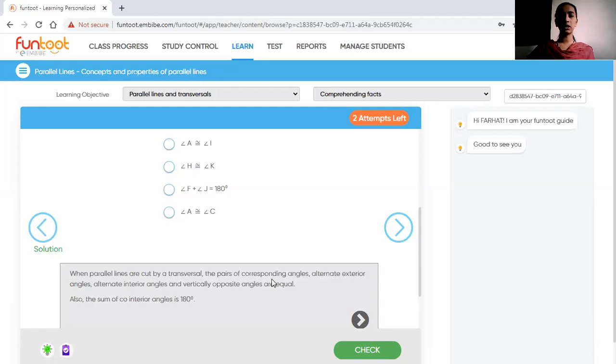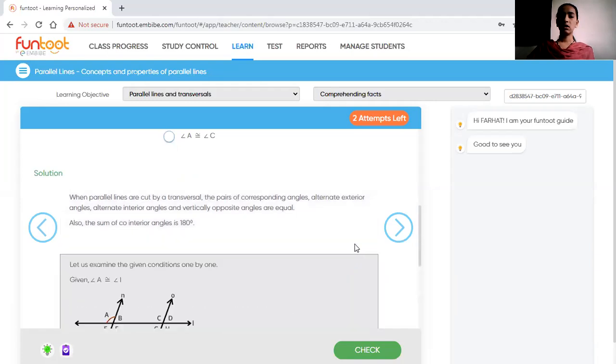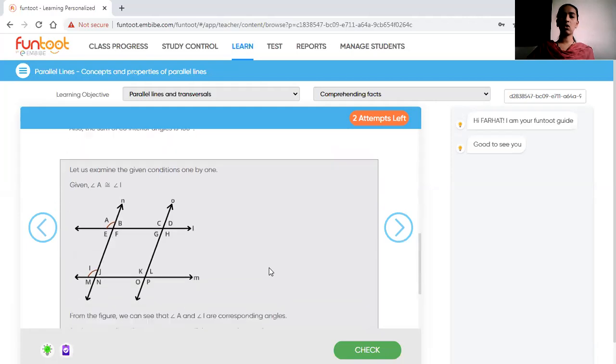When the two lines are there and transversal is there, the corresponding angles are equal, alternate angles are equal, interior also and exterior also, yes, and vertically opposite angles are also equal. Now we have to see the sum of co-interior angle is 180. In parallel lines cut by a transversal, the interior angles addition is 180.